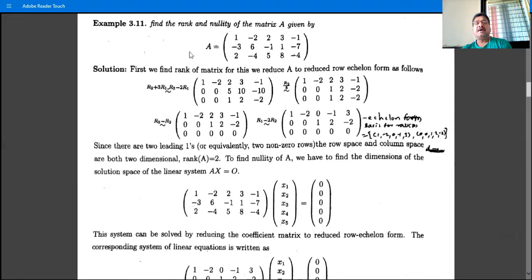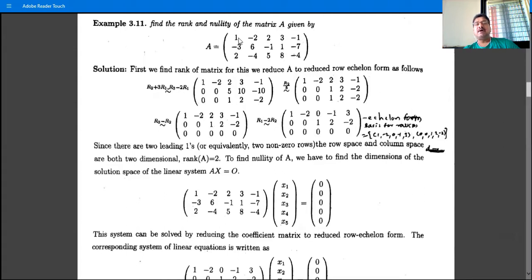Or in order to find the rank of the matrix, we also find the dimension of column space of A. So in order to find the dimension of column space of A, we have to reduce this matrix to reduced row echelon form. Column number 1 and 3 contain a leading 1, and therefore what is the basis for column space of A?